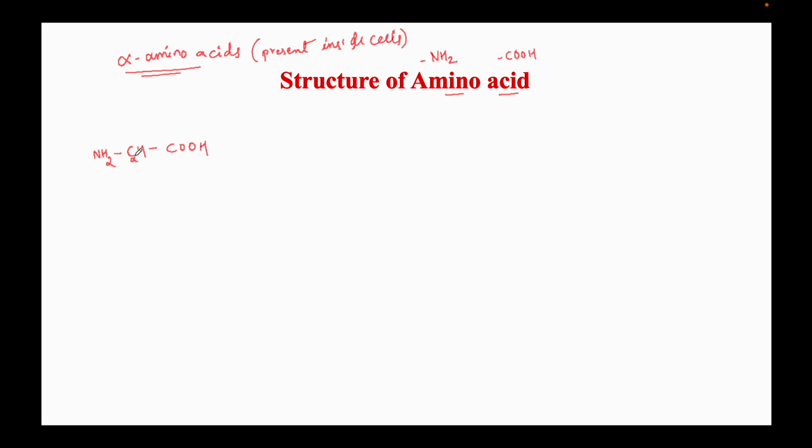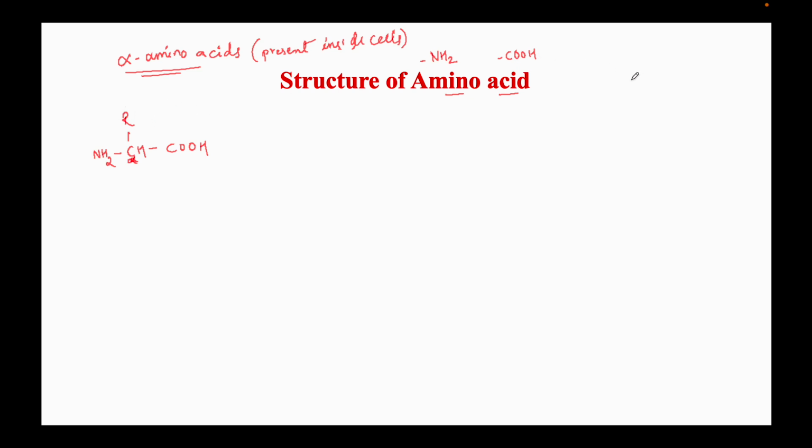So this is the alpha carbon which is attached to the carboxyl carbon. And to this alpha carbon we have the amino group, and we also have an R group. This R group can be different for different amino acids.